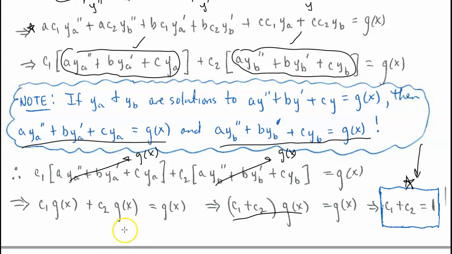Because remember, the superposition principle says that if y sub A and y sub B are solutions to my ODE, then it does not matter what C1 and C2 are. I should always be able to come up with another solution to my ODE. Well, this says, as long as this particular constant is 1 minus C1, you're good to go. If it's anything other than that, then it's not going to work. And of course, that violates the superposition principle.